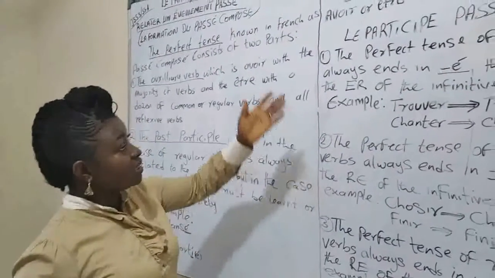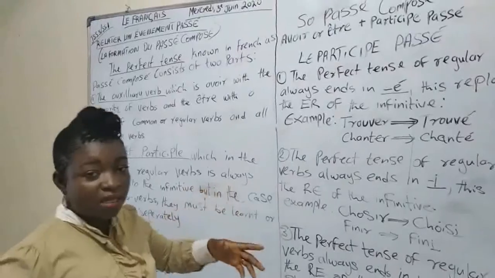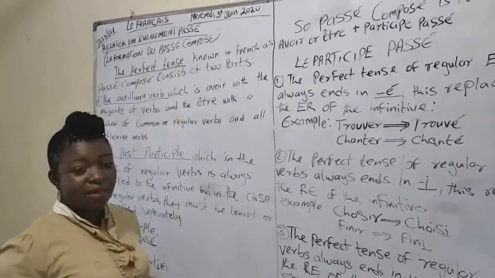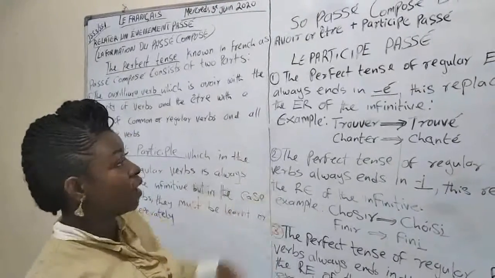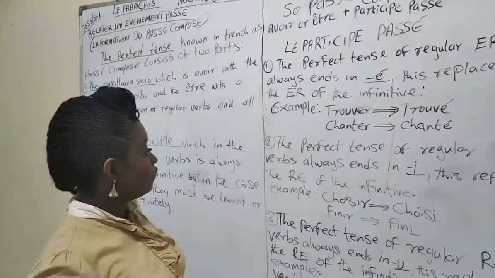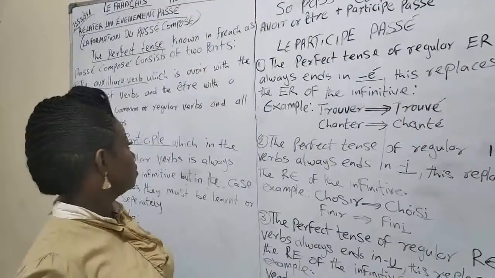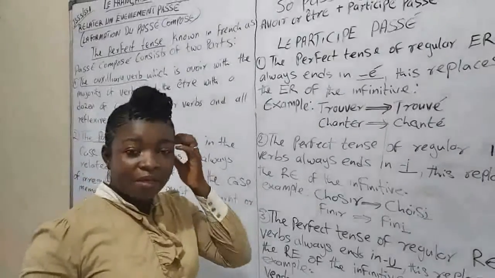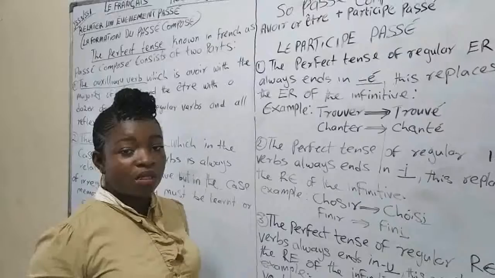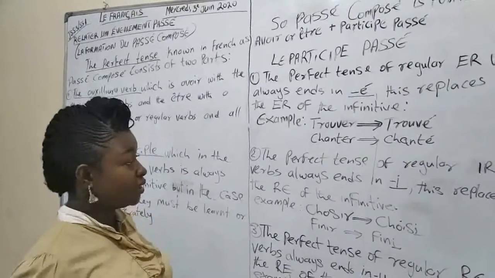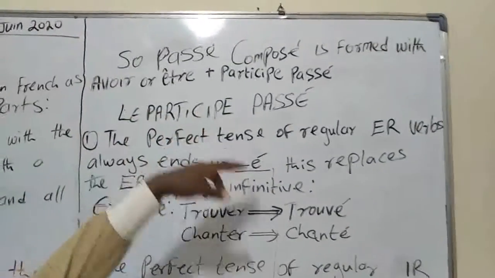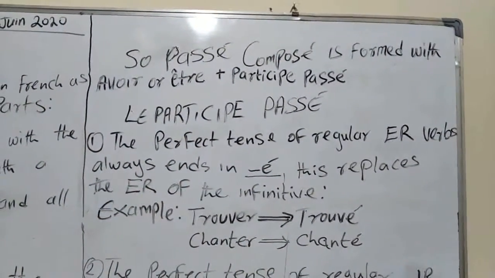Now, since it is avoir or être, I also said the majority of verbs take on avoir as their auxiliary verb, and a dozen of common or irregular verbs take on être. And I say the next time we're going to be looking at those verbs that take on être.